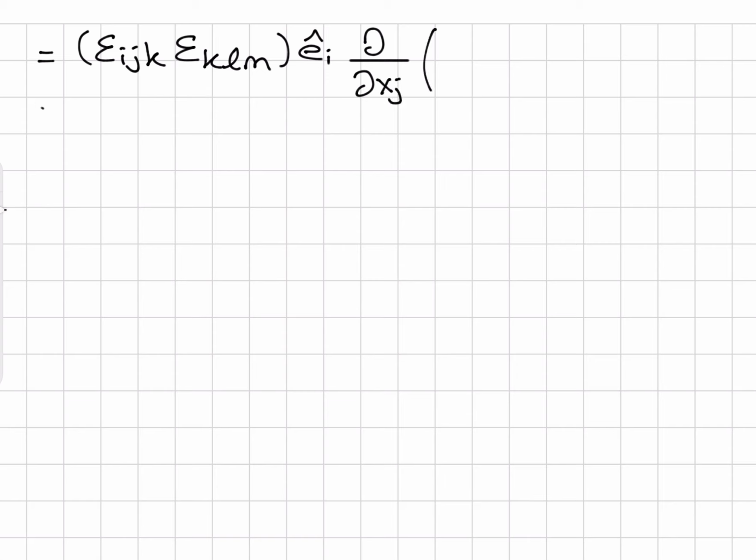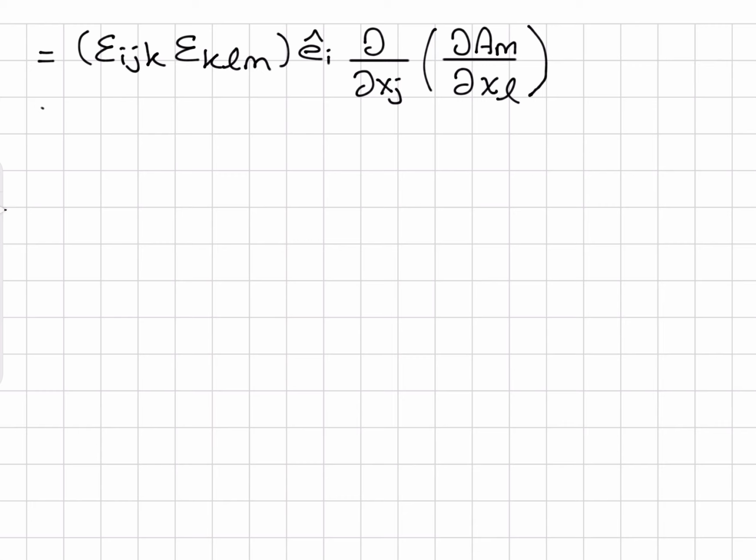This is equal to epsilon ijk epsilon klm ei hat del xj applied to del am del xl.